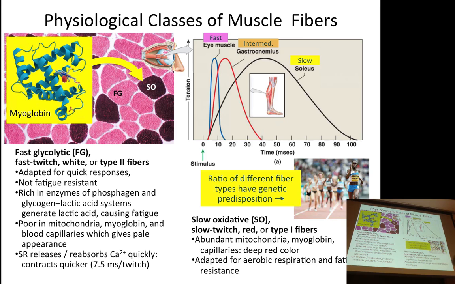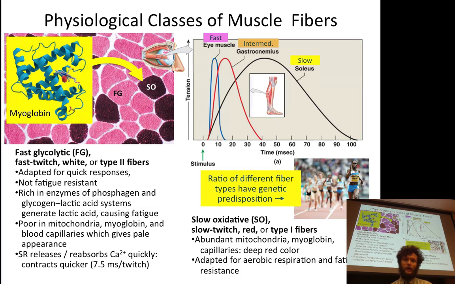The difference between these fast twitch and slow twitch muscles is in the ratio of the different fiber types, the fast or the slow fiber types that are found within a certain fascicle in that muscle. All right, so it in fact is the difference between white meat and dark meat in a chicken.